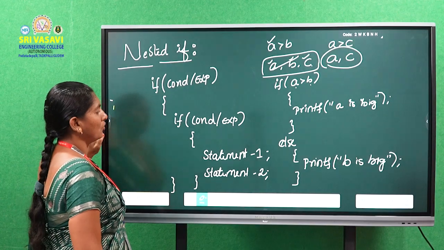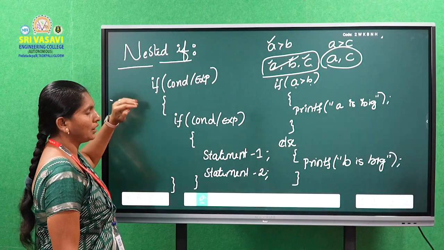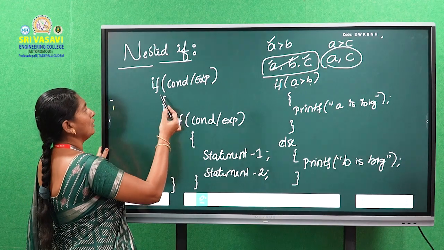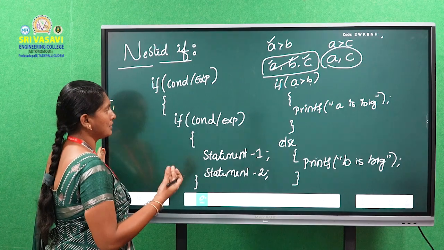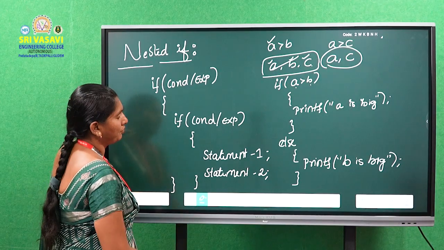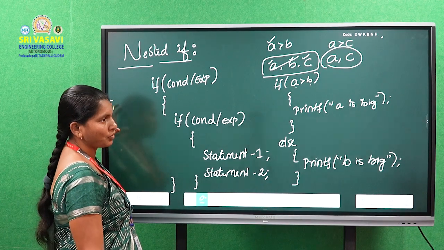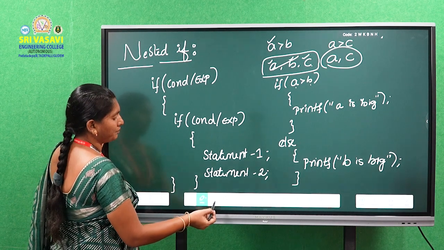So this is the syntax for nested if. You can use nested if within one if statement, or you can use if else statements also. That means if you are having if else, in that if you can use one more if else, and in else we can use one more if else.